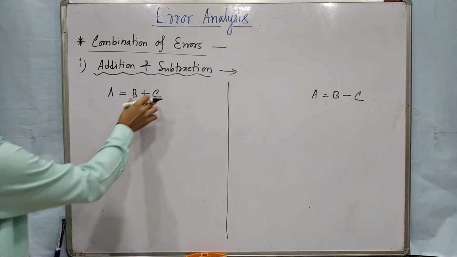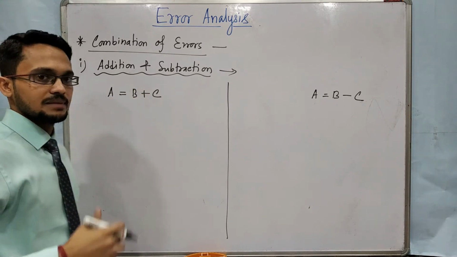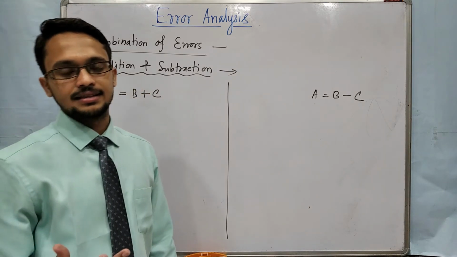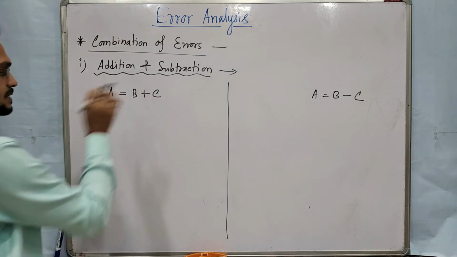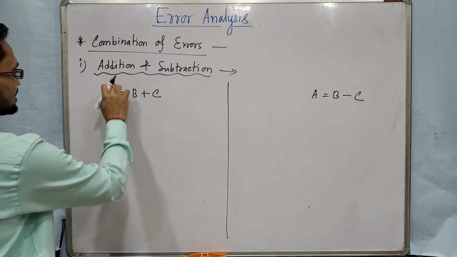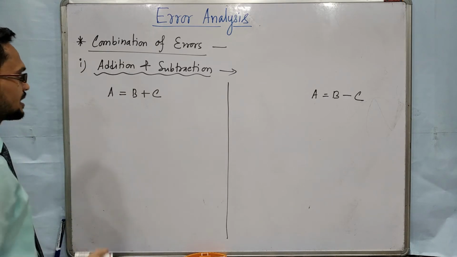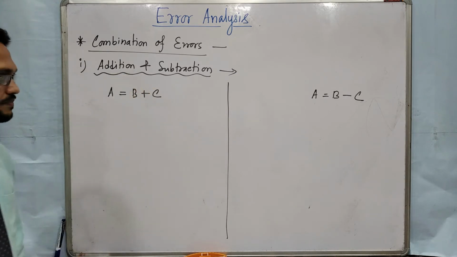B and C are suppose the measured physical quantities like length, mass, time. So these are measured physical quantities, and A is the derived quantity. A depends on B and C.